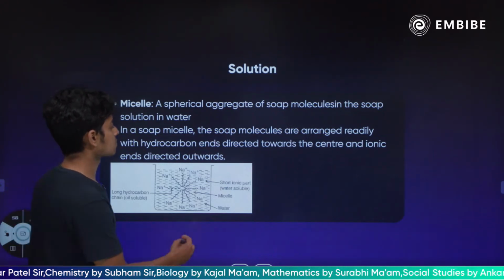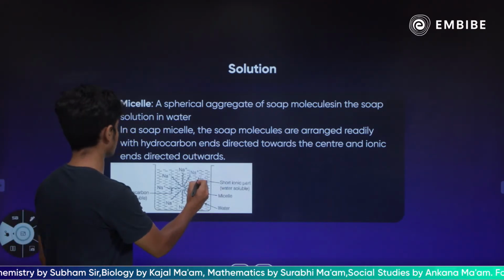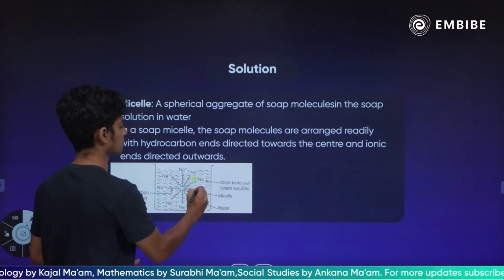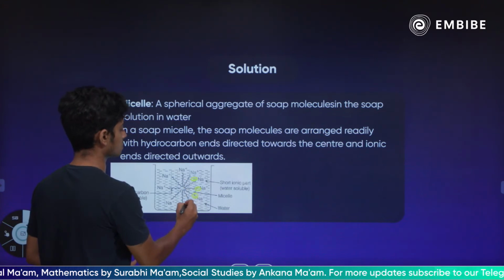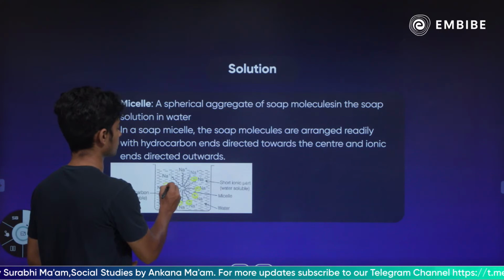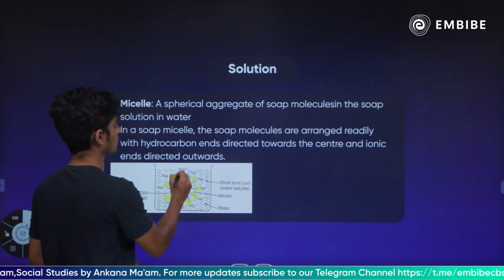So here there is a minus part. It's minus Na plus, minus Na plus, minus Na plus, that's the C double bond O minus part, minus Na plus, minus Na plus.